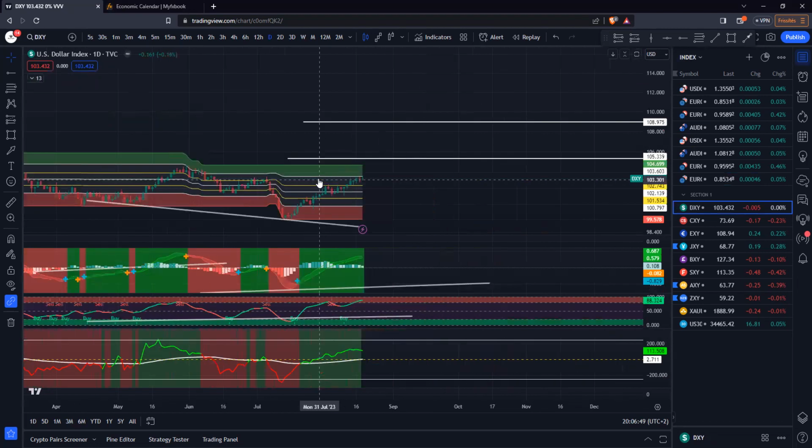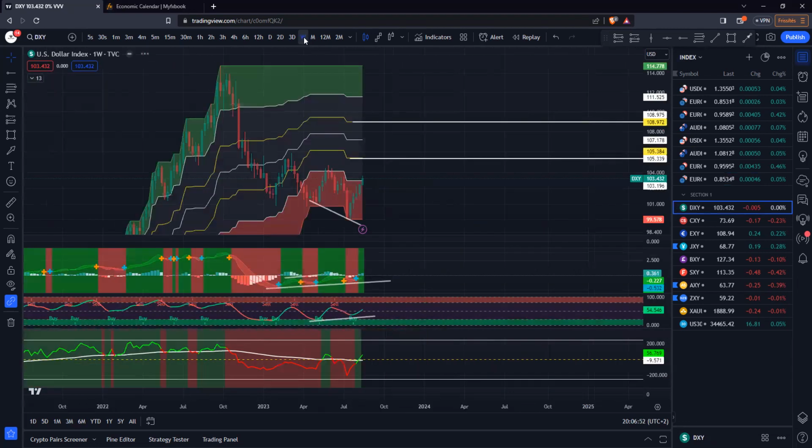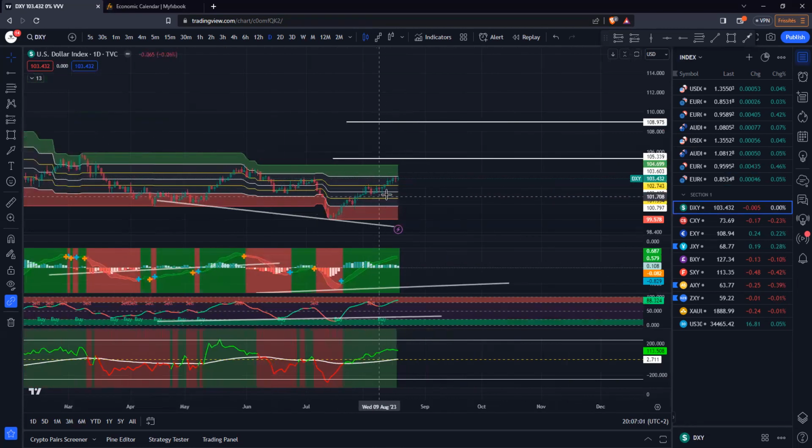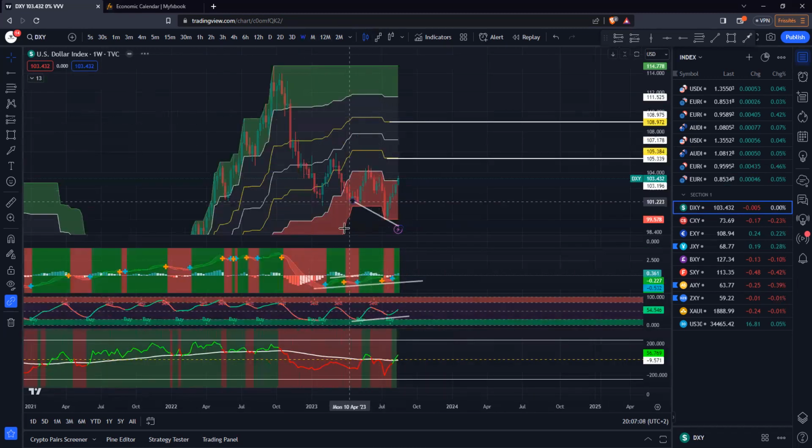Then we have the DXY. I have already two marks there on 38 and 61. What we see right now is it breaking the zero line. What I would expect from the market is a bounce back around the zero line and then a continuation move to the upside because of the weekly momentum, which is bullish at the moment, and we are about to cross the zero line as well, so we can see much bigger movements in the market.